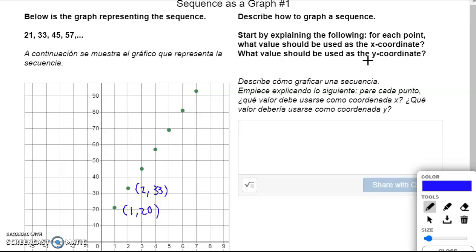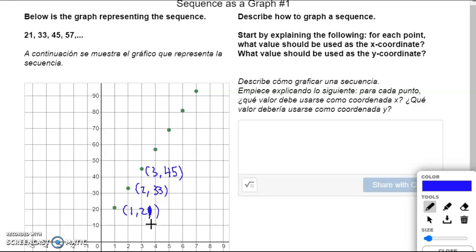Okay, and for this one, what is the x-coordinate? X is 3, and the y looks like halfway. So halfway between 40 and 50 is 45. Or maybe 46 was what this was. Actually, my error was the first one. It should be 1, 21.